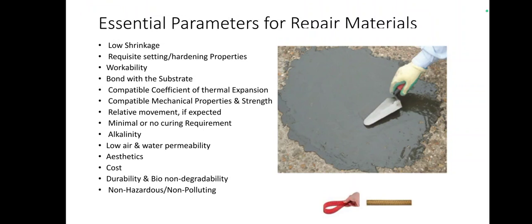And aesthetics. Nowadays, some of the repair materials being chosen have fibers in them. The fiber length and the percentage of fiber used play a major role. If it exceeds 2 percent, and if the fiber length is longer, then it will form a balling effect.